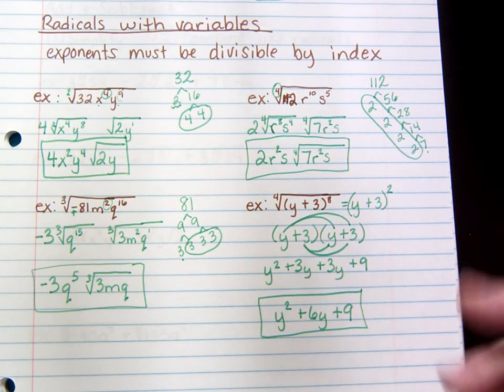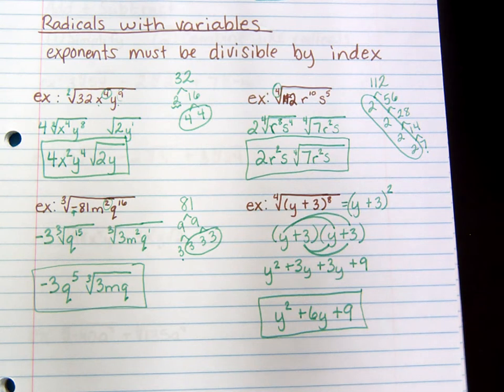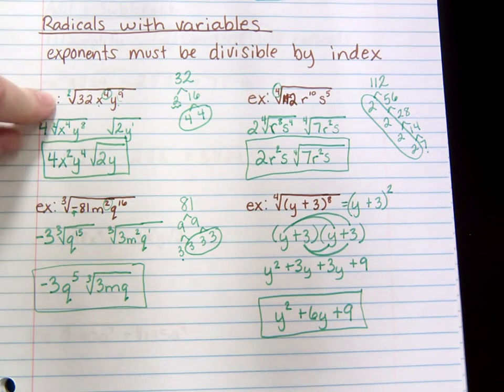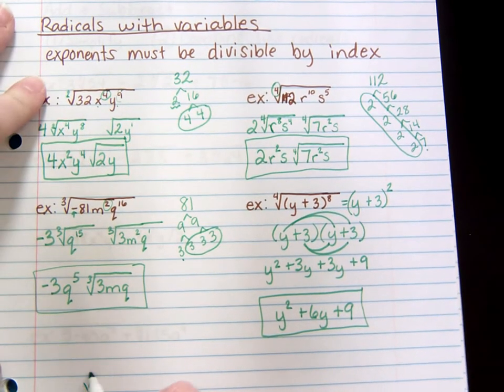Now, just remember that with the variables, they must be divisible by your index. Now, you can probably do it in your head. For instance, let's say I had the square root of 16x to the 5th, y to the 3rd.